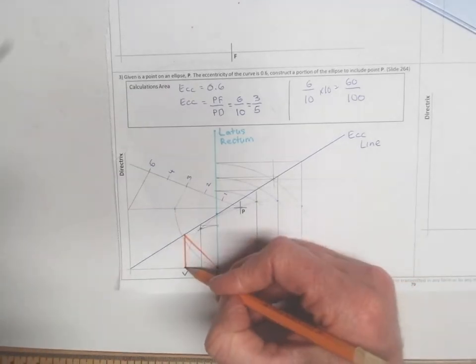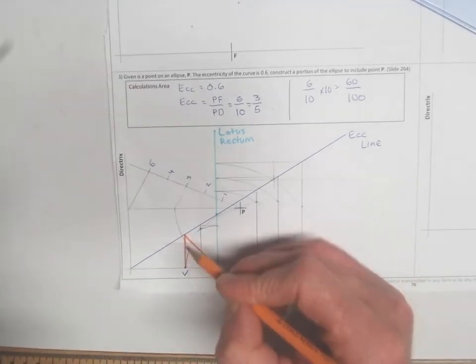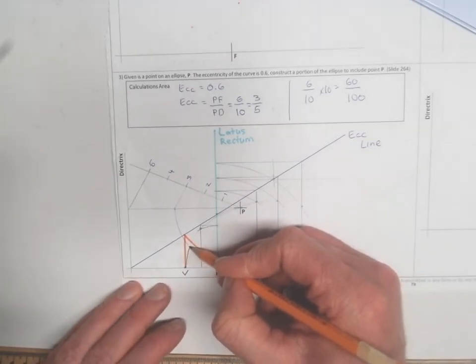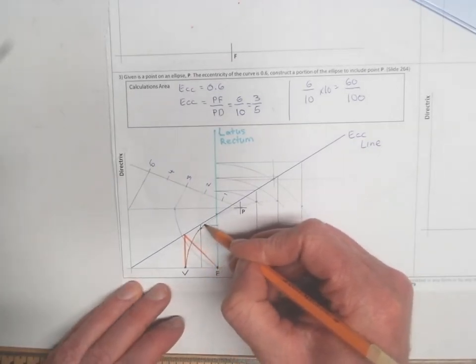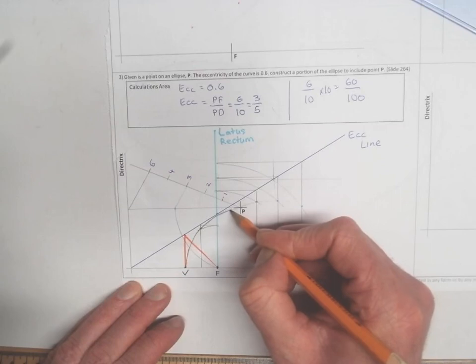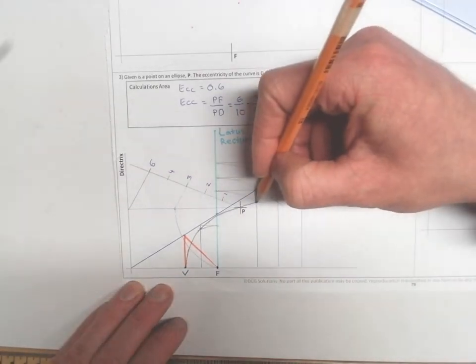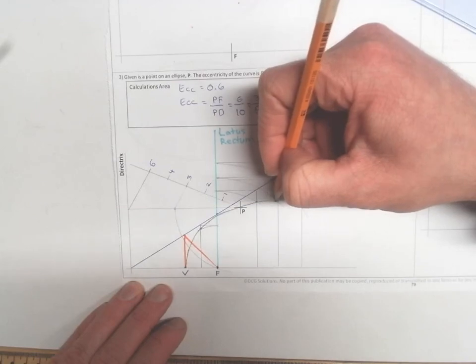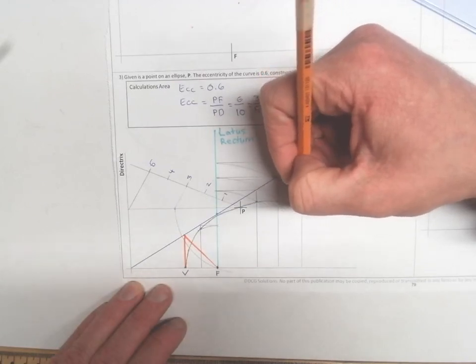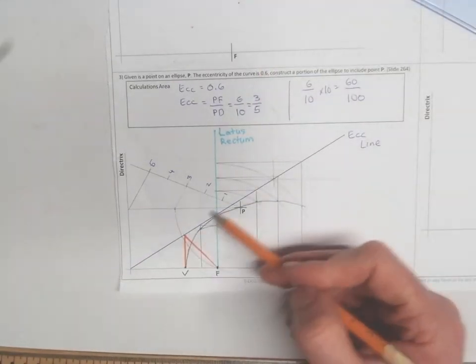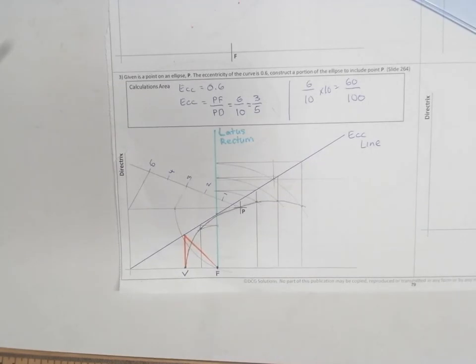One continuous heavy line. And that is a portion of our ellipse. So I'll stop the video there.